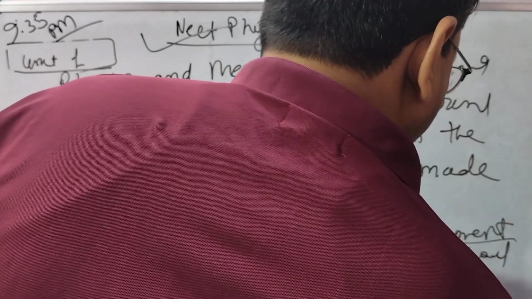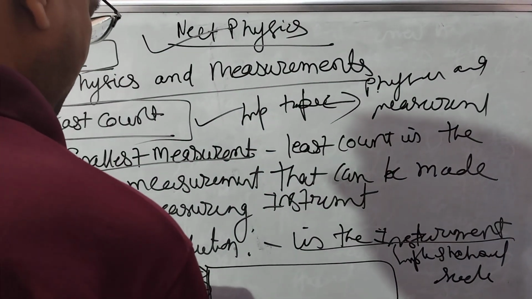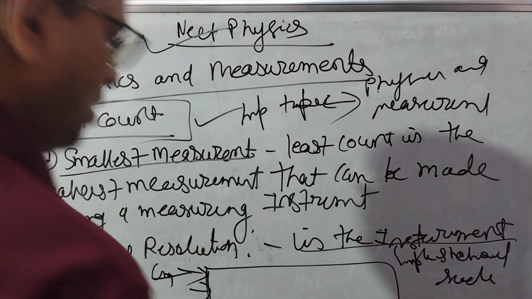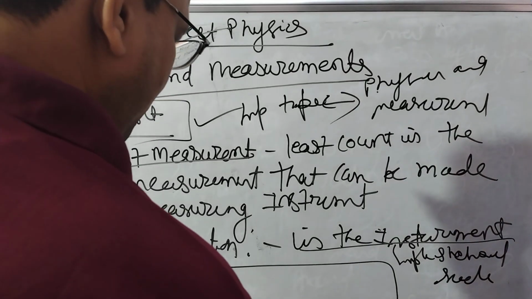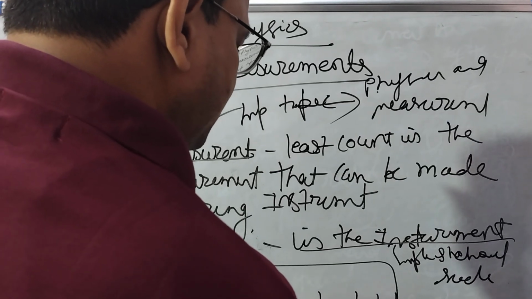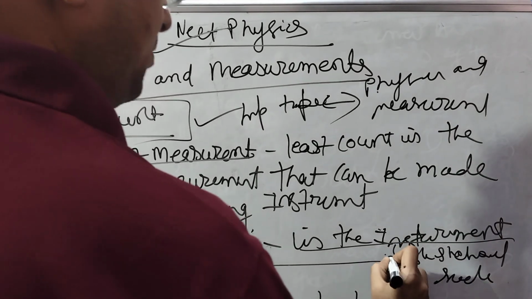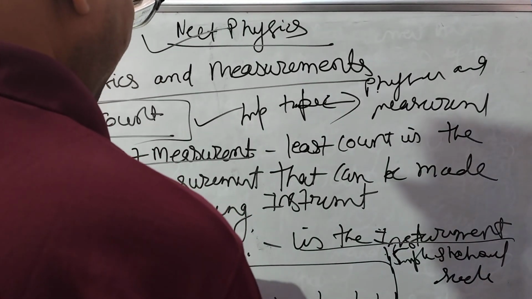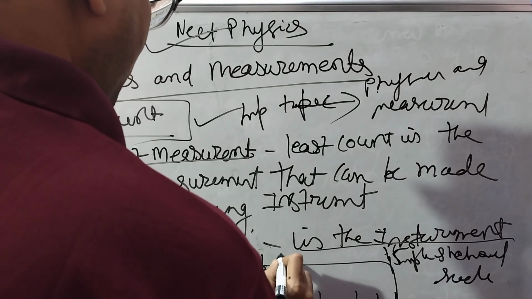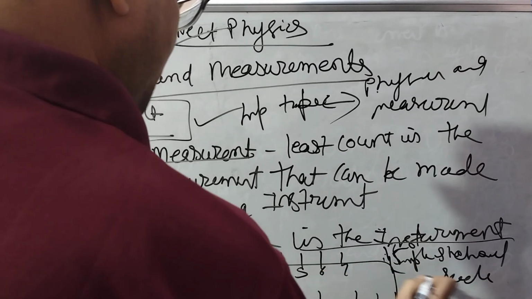The scale has centimeters on one side and inches on the other. Inches are marked 1, 2, 3, 4, 5 and 6, and the centimeters are marked 1, 2, 3, 4, 5, 6, 7, 8 up to 15.